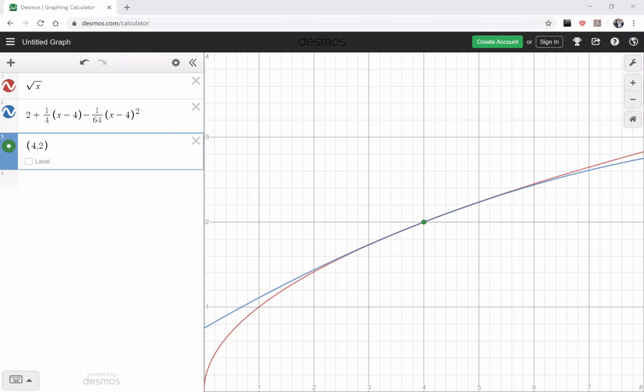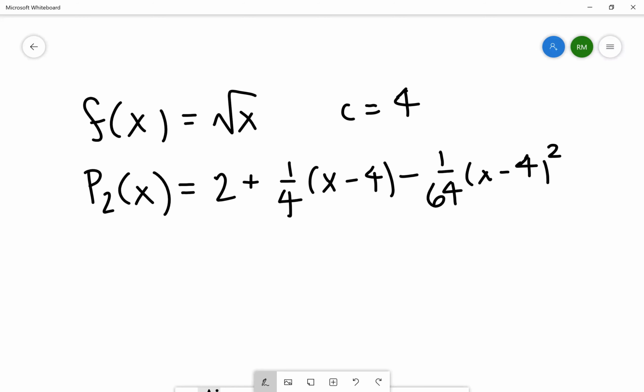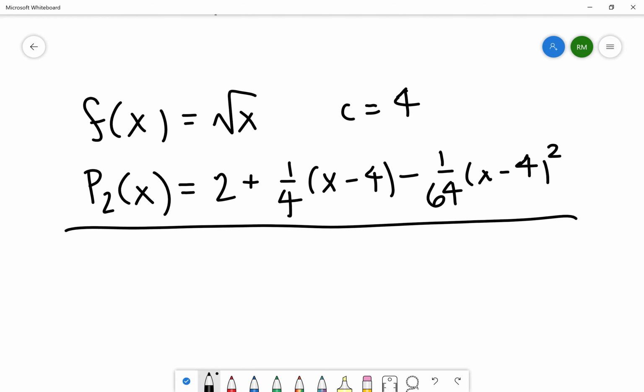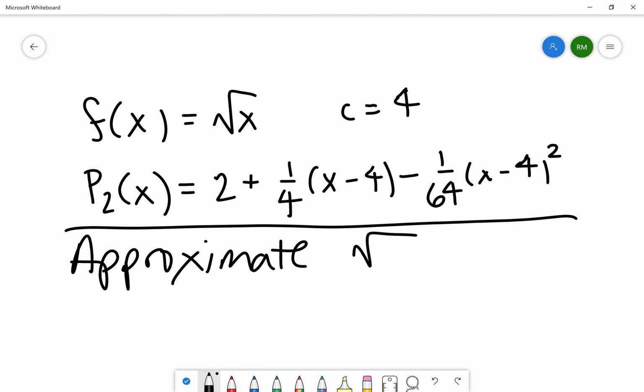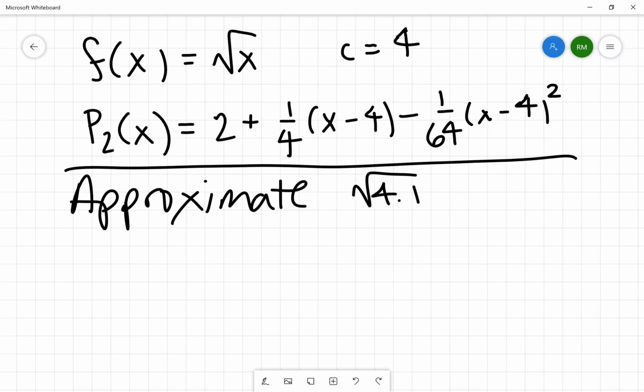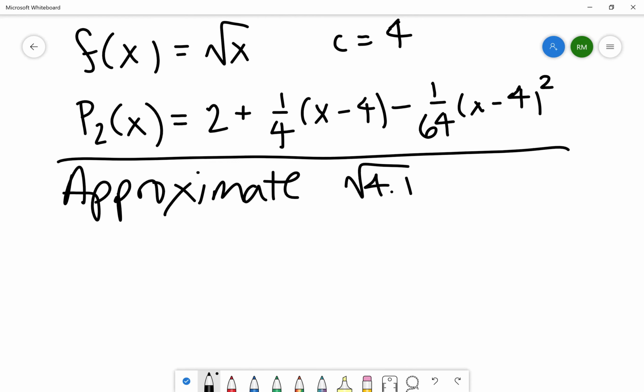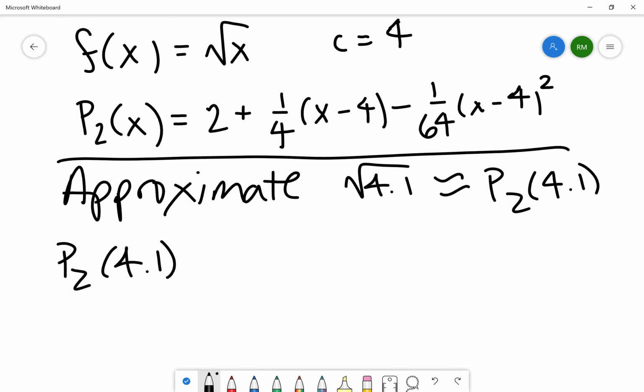So let's say we want to approximate the square root of 4.1. Well, we see that this should be roughly equal to P2 of 4.1. And if we compute P2 of 4.1, that's where you plug in 4.1 for x.